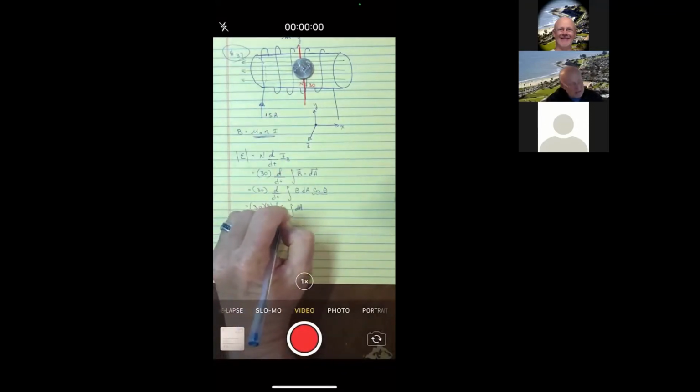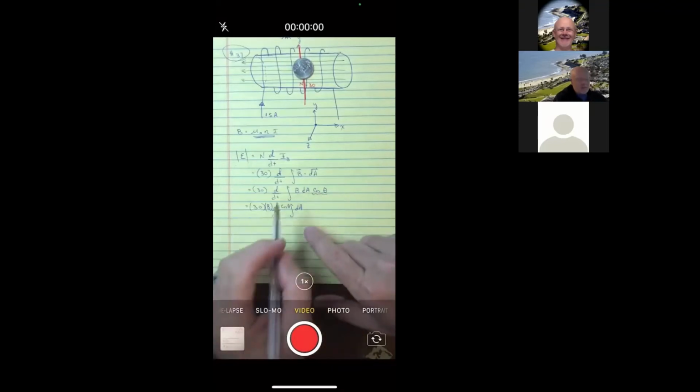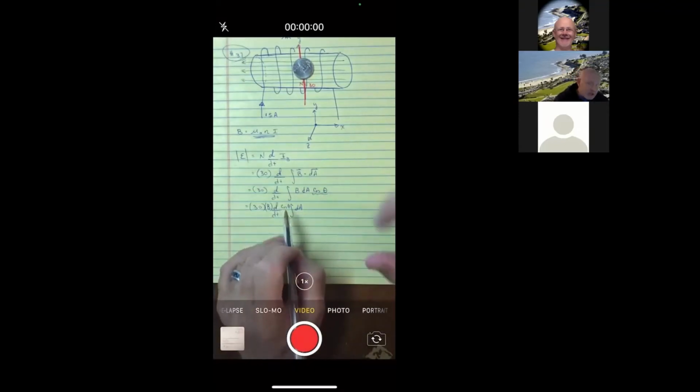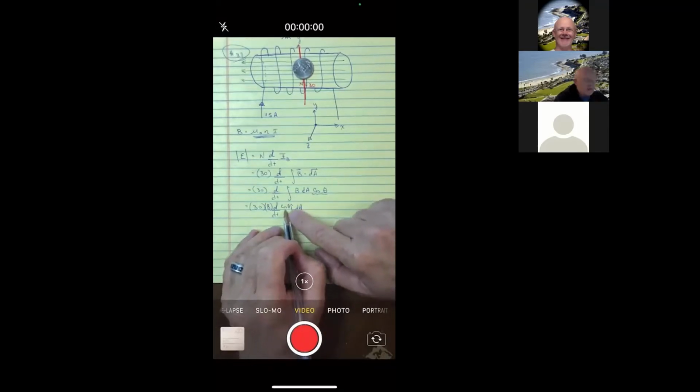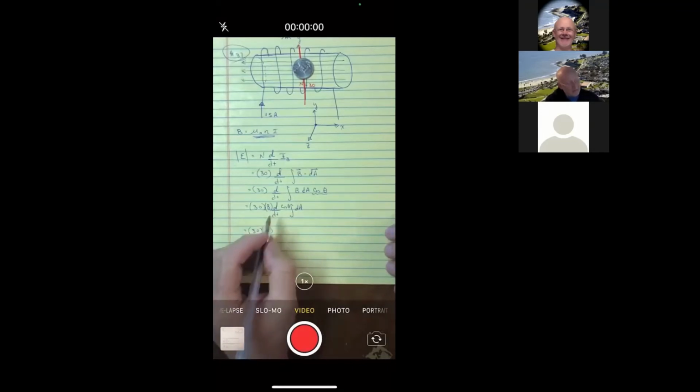That's a long way of saying that I could take this cosine of the angle, that does change with time but doesn't change with space, in front of the integral. And then what I have is the 30 turns, the magnetic field, and here I have the derivative of cosine theta, okay?